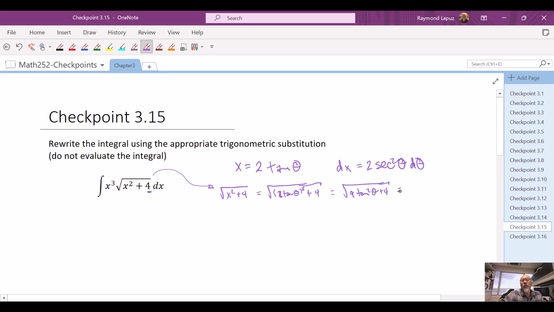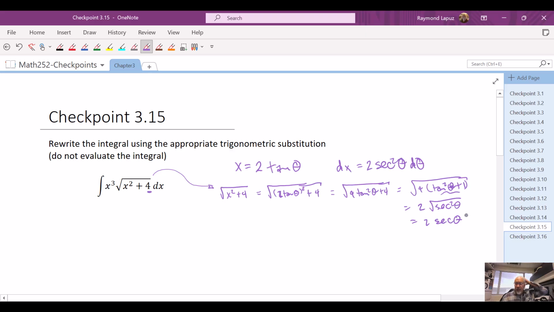We can take a 4 out, and then we have tan squared theta plus 1. Now the 4 out of the radical will be a 2, and then this is equal to the square root of secant squared theta, which will just be equal to secant theta.